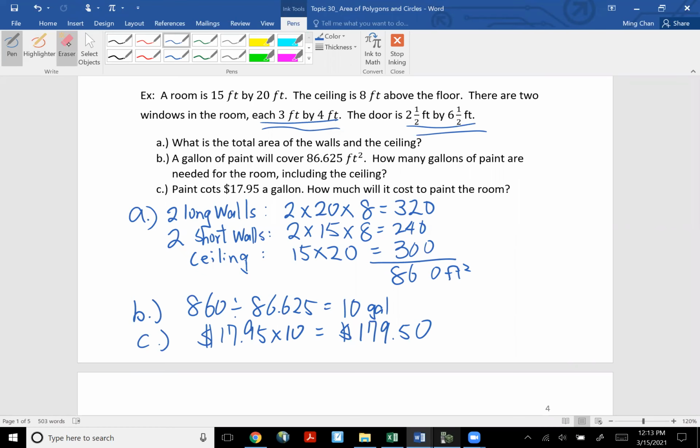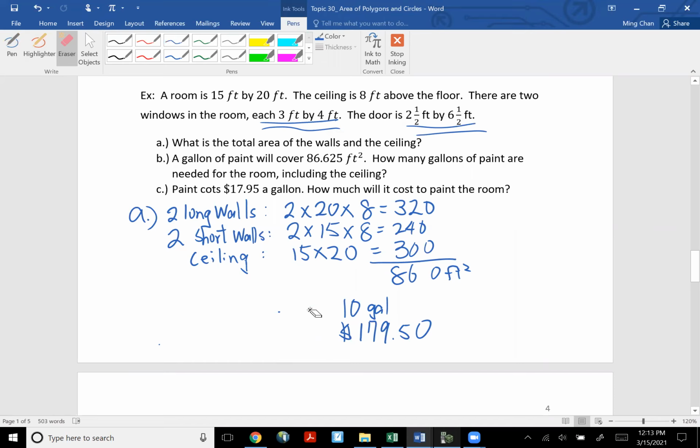So we've got to do this part again. A gallon of paint will cover 86.625, right? But I'm not going to paint over my windows. So those areas have to be subtracted.